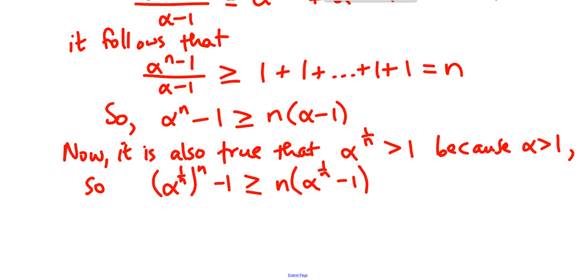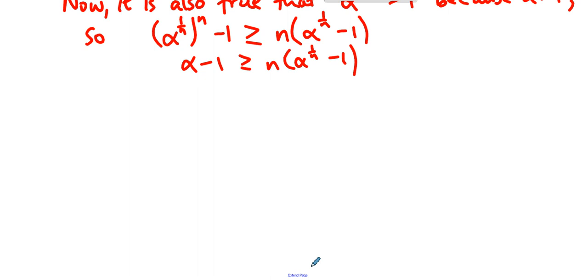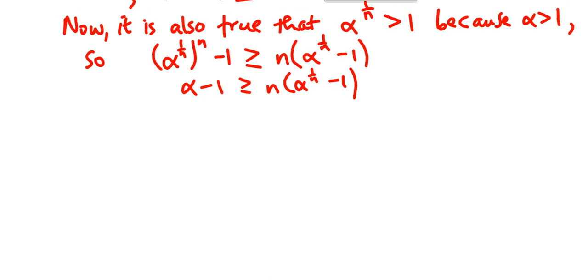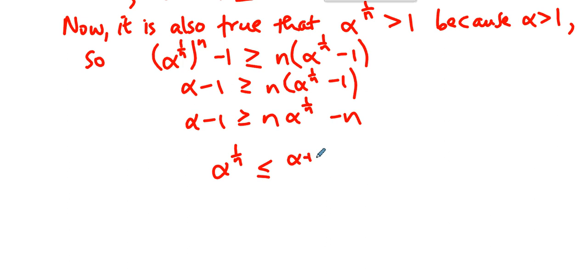And then we can do some algebra. Nothing terribly complicated here, a little bit of distribution. And so it follows that alpha to the 1 over n is less than or equal to, kick this over and divide, alpha plus n minus 1 over n.